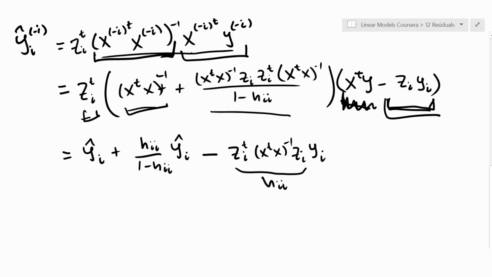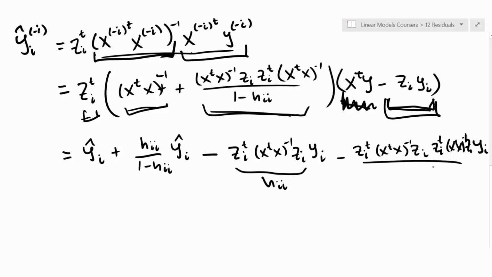Now let's take this term and multiply it times this part, and we get minus z_i transpose (X^T X) inverse z_i, transpose (X^T X) inverse z_i y_i, all over 1 minus h_ii.